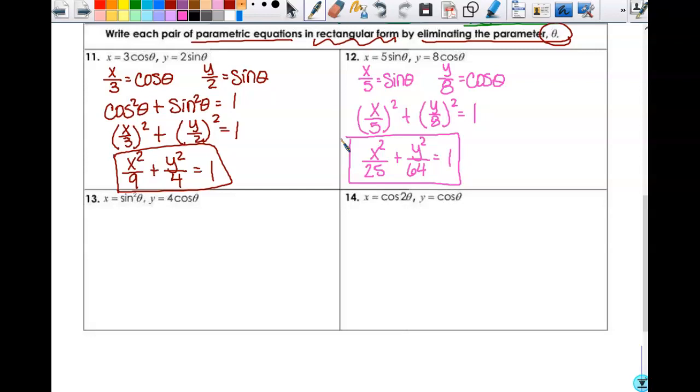Any questions on number 12? Easy enough? Okay. All right. So let's look at number 13.